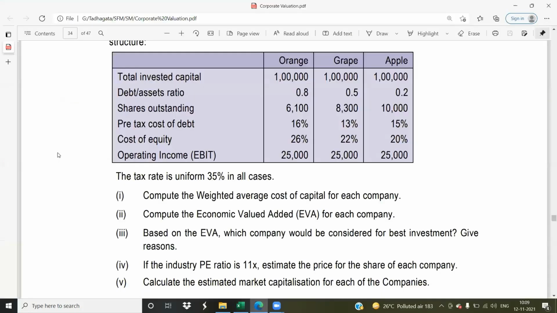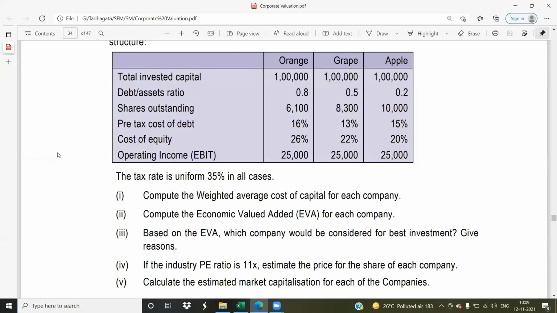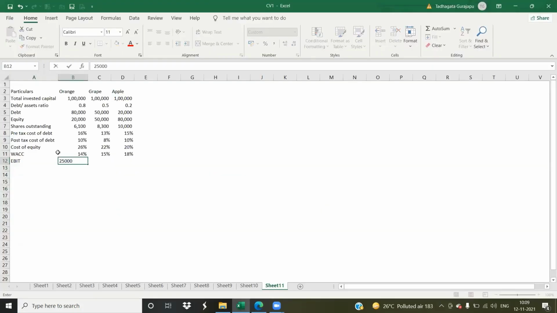What else do we need to find? Economic value added. You have EBIT, 25,000, 25,000, 25,000. Find out NOPAT, that is EBIT into 1 minus tax rate, so this into 1 minus 0.35.